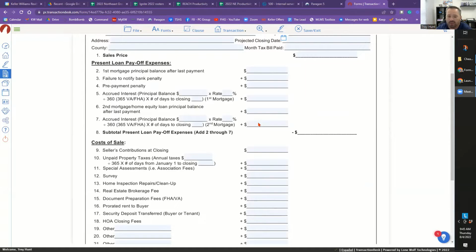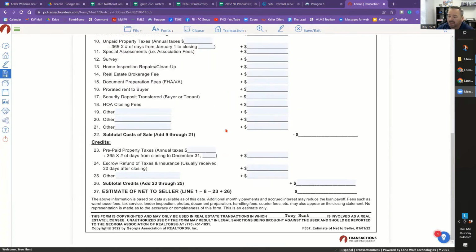And it's not really helpful, because depending on the time of the month that we close, depending on the time of year that we close, these numbers are going to change. If I walk a seller through this sort of detail and I get down here, even though it says estimate, if this says they're going to walk away with $123,792.42, what are they expecting?